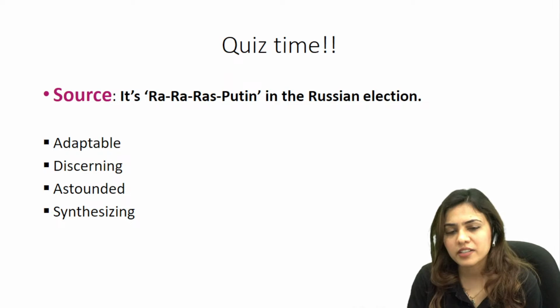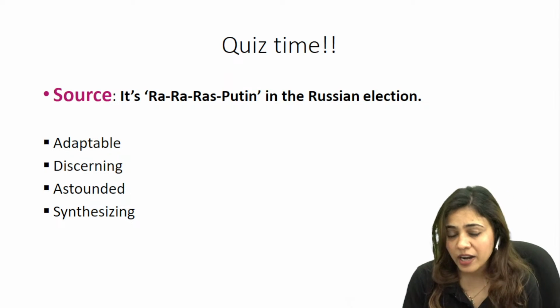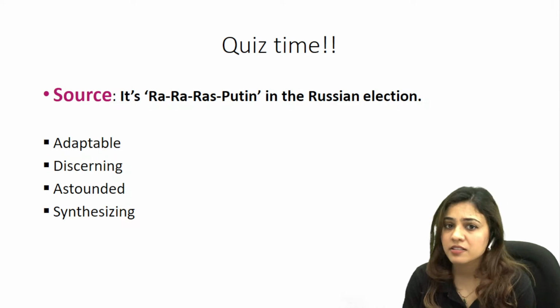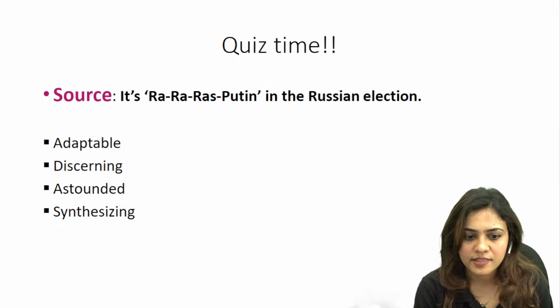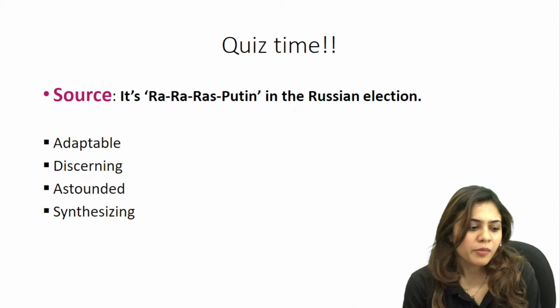Despite several criticisms, many accusations against him, and many undemocratic practices that he has performed, still his popularity remains untouched, as you can very well see. Who will win in the coming time as well? It seems like it's going to be Putin.